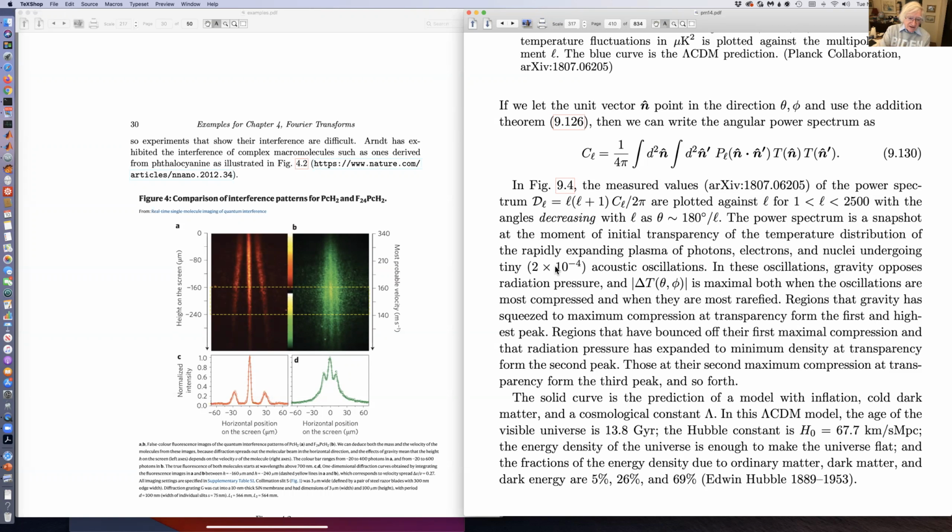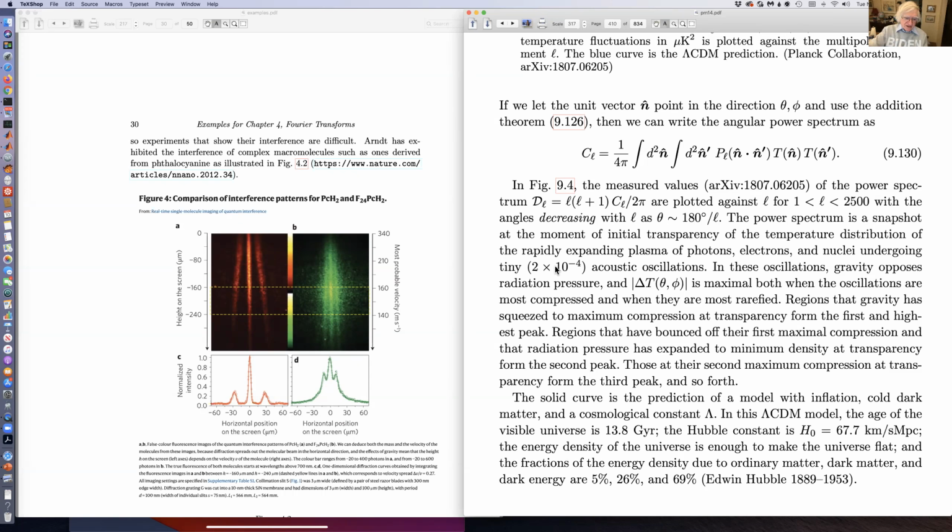On the other hand, after it bounces off that, it goes out, and then you have a larger radius, and you have then a rarefaction.